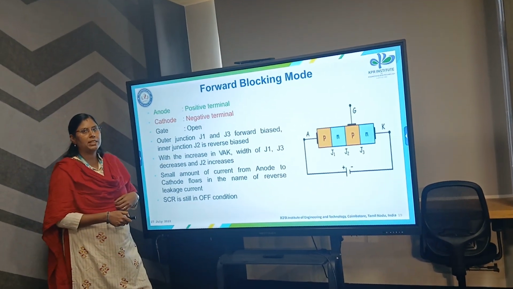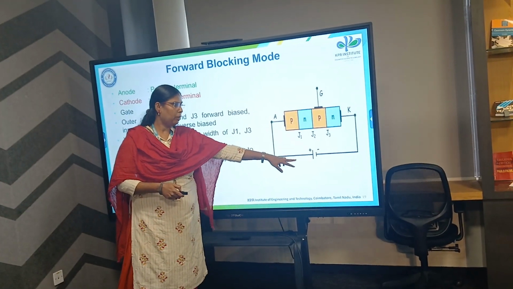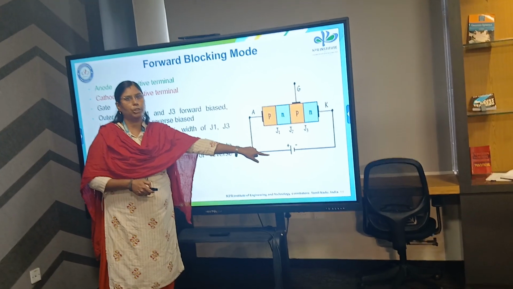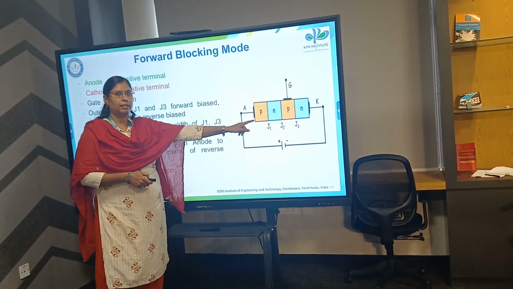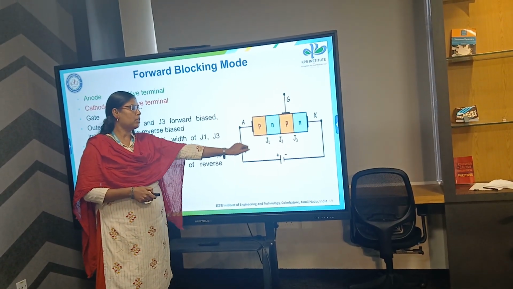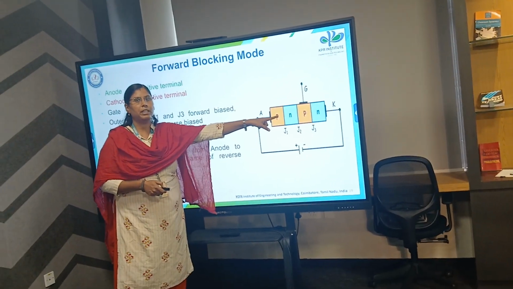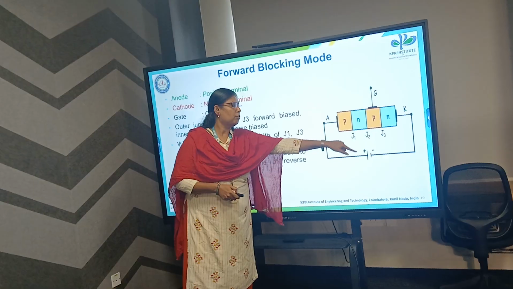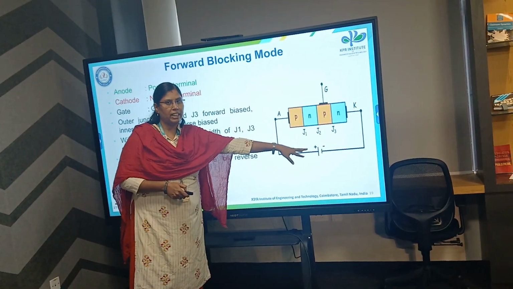The second mode is forward blocking mode. The supply between the anode and cathode is forward bias, that means the P type is connected to positive and the N type is connected to negative. We already know that in the P type the majority carriers are holes and minority carriers are electrons, so the holes are attracted by the positive supply. In the N type the majority carriers are electrons and minority carriers are holes, so the electrons are absorbed by the negative terminal.